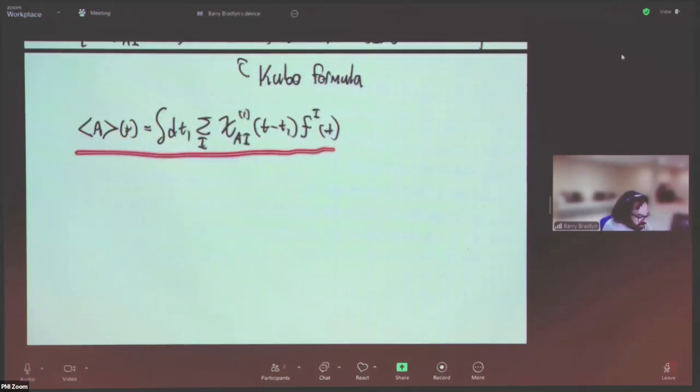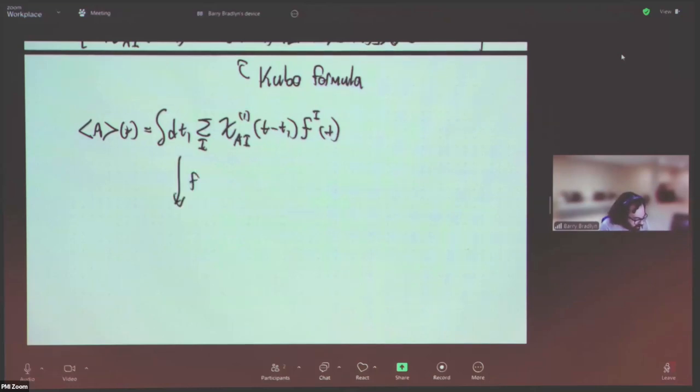Because this is a convolution, convolutions look very nice when we take the Fourier transform. So instead of working with time, we can work with frequency. And this is usually a nice thing to do because in many cases, we have some way of applying a harmonic potential or harmonic perturbation so that this perturbation actually only has one frequency component, or positive and negative frequency component.